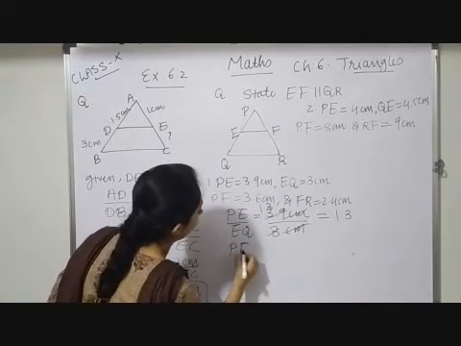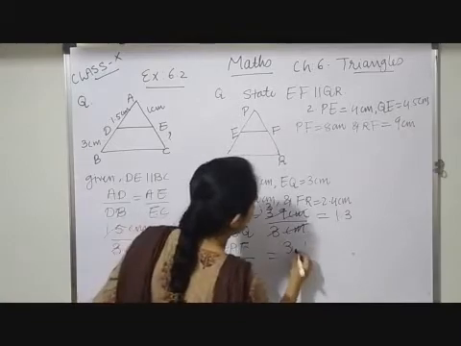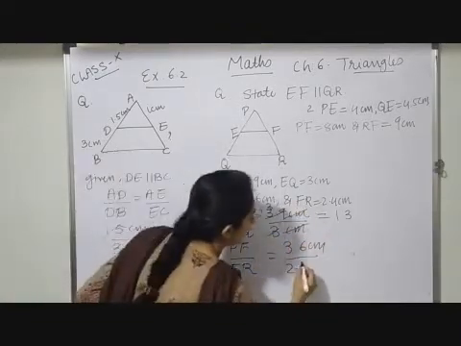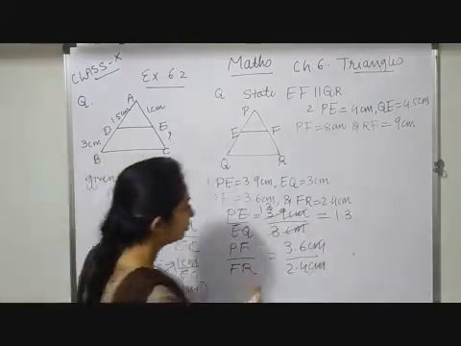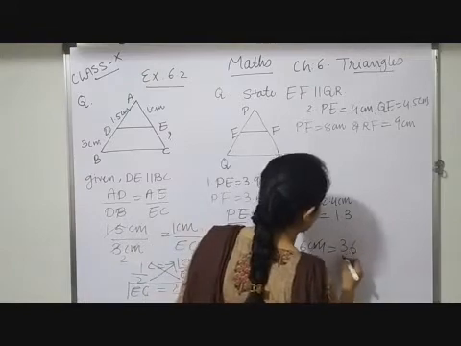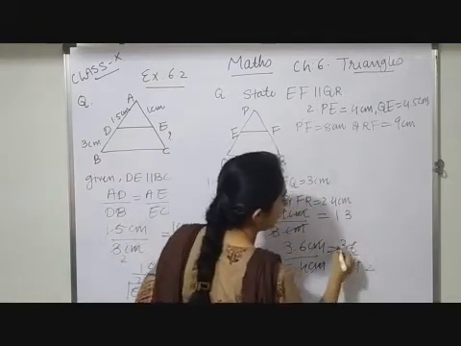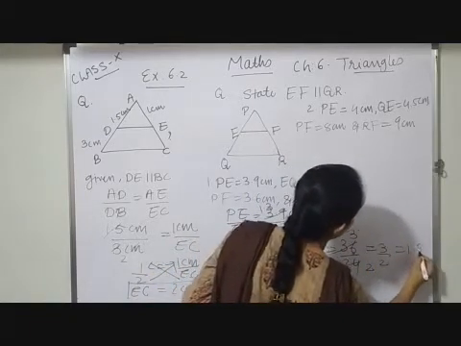Similarly, PF upon FR: your PF value is 3.6 centimeter divided by FR value 2.4 centimeter. Centimeter will cut. If I remove the decimal, I get 36 upon 24. 12 twos are 24, 12 threes are 36. So here you are getting 3 by 2, that is 1.5.